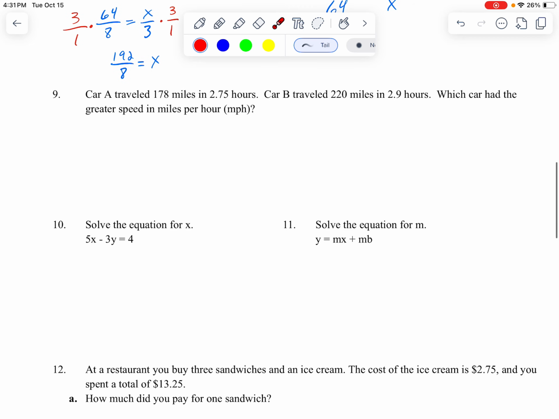Number 8, car A traveled 178 miles in 2.75 hours. Car B traveled 220 miles in 2.9 hours. Which had the greater speed in miles per hour? So we're looking for how many miles per hour. That's a rate.